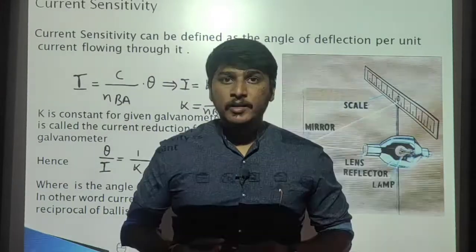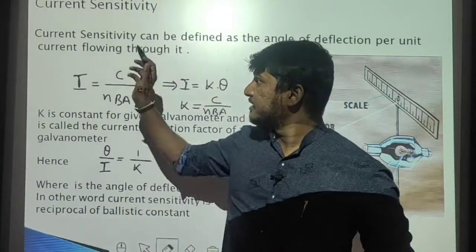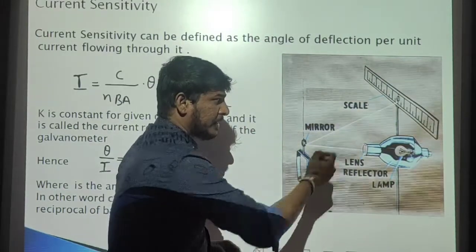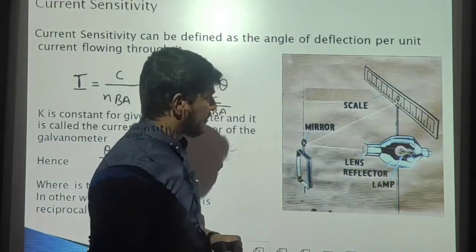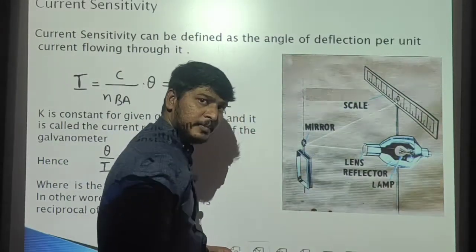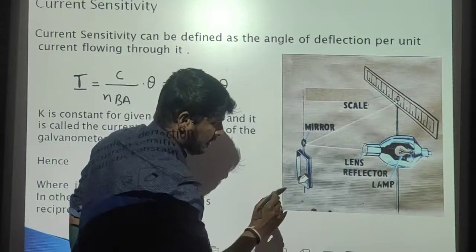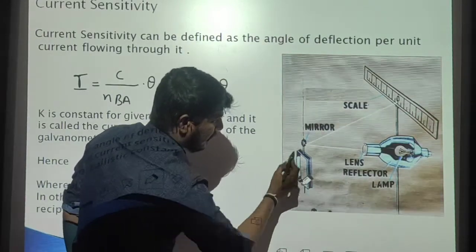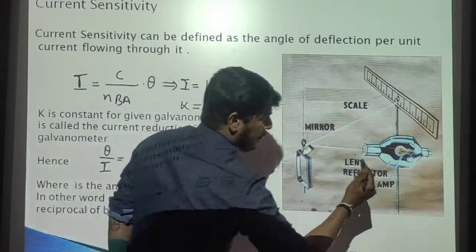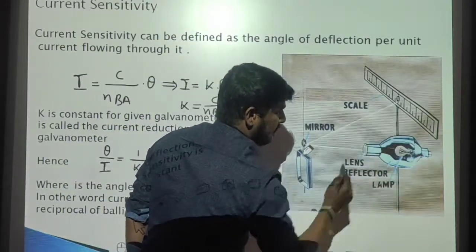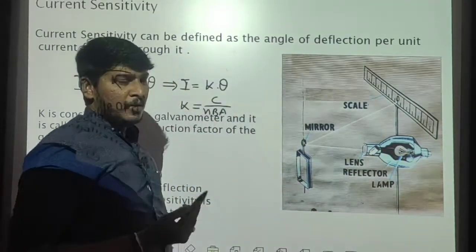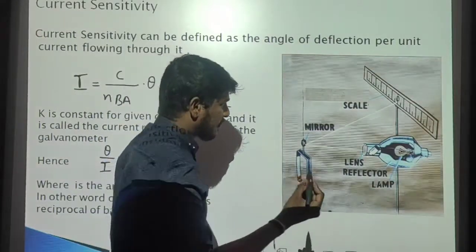Now I will try to explain this current sensitivity by using the experimental arrangement of the ballistic galvanometer. Here you can see the experimental arrangement of the ballistic galvanometer. It consists of a copper coil, and a mirror is attached to the suspension strip, and we have used a scale with a lamp attached.